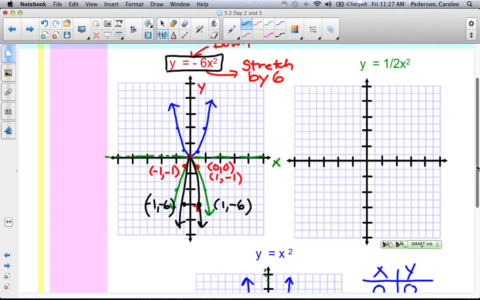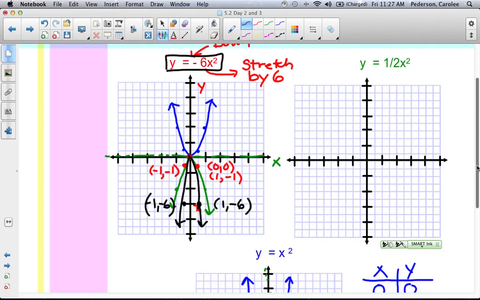Last example for this lesson, we have an equation where we're just changing the scale factor again, and we're going to multiply it by 1/2. So I'll graph that parent function again so you can see the difference.